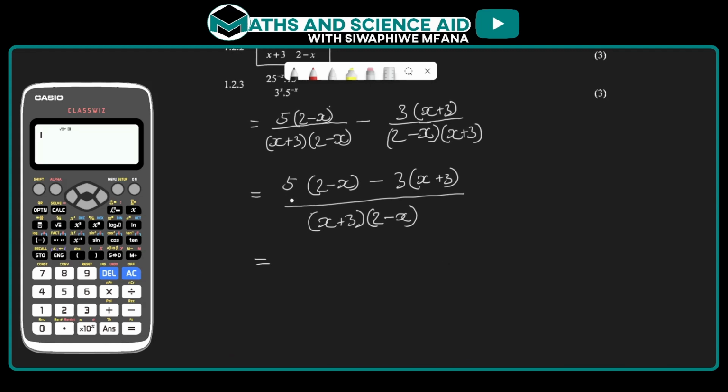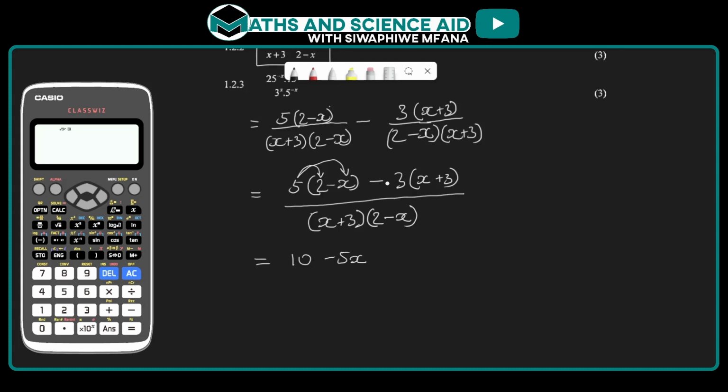And then, of course, the step after that is you need to expand your terms that are in the numerator and then add any like terms that are available. So we are going to multiply 5 by 2, and this is going to be 10. And we also multiply 5 by negative x, which is going to give us negative 5x.